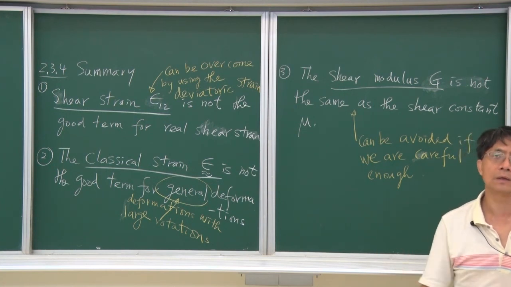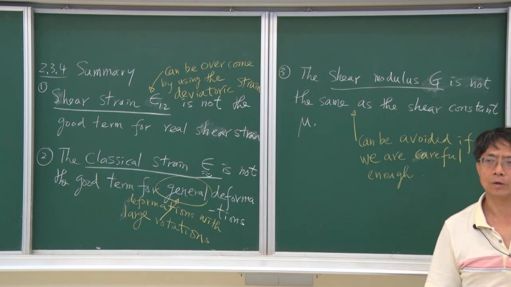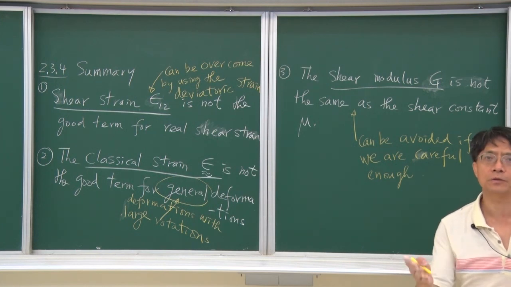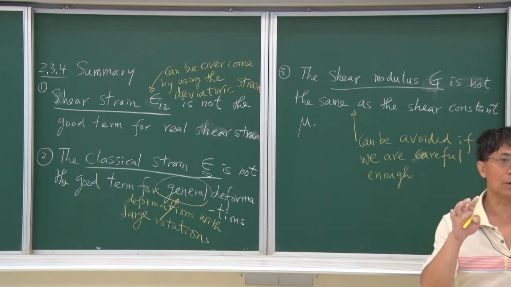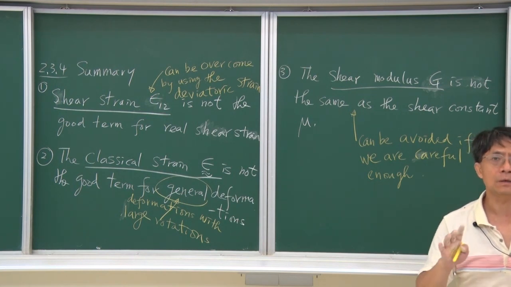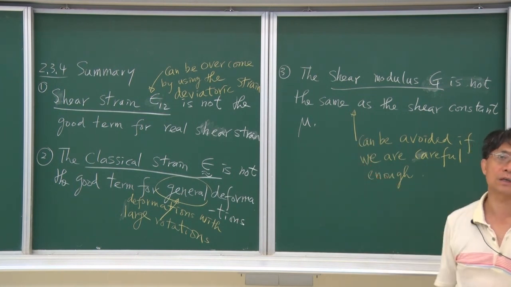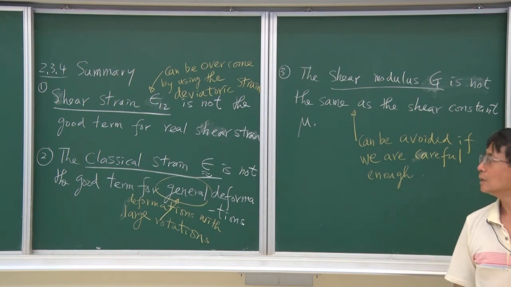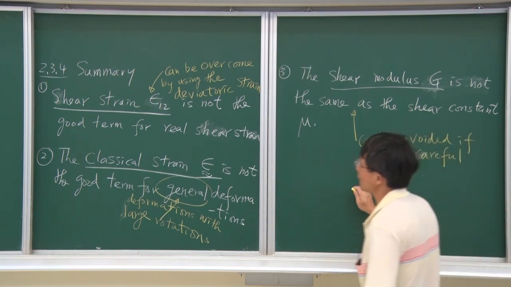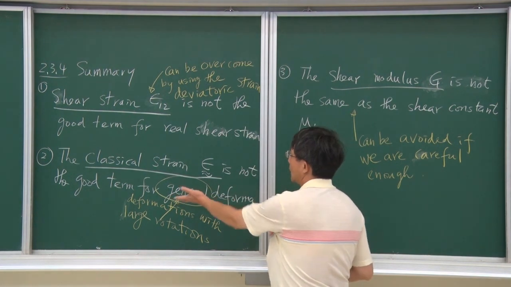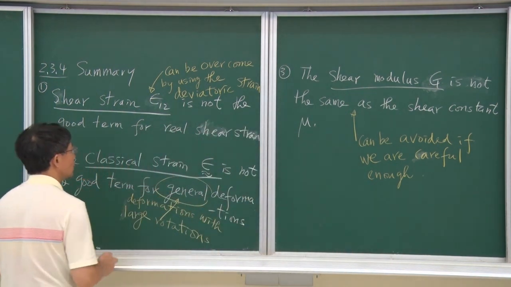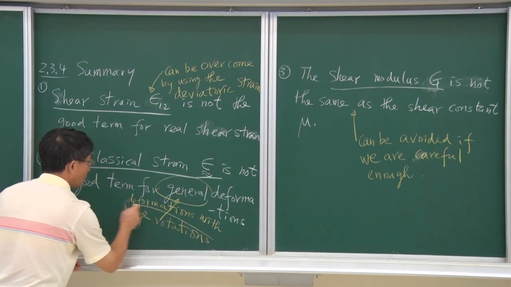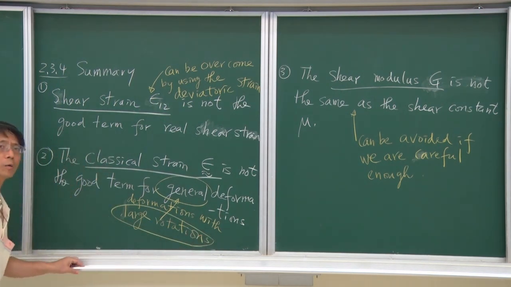It's just a point that will cause confusion in your work. If you're very careful, then this point is not a real difficulty. So what remains is this one. Classical strain is not a good term for general deformation, and we have the problem of large rotation to deal with.